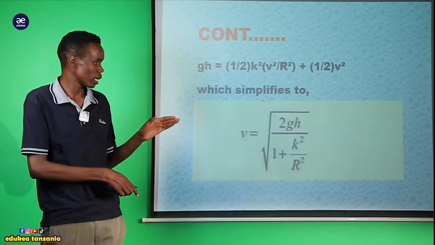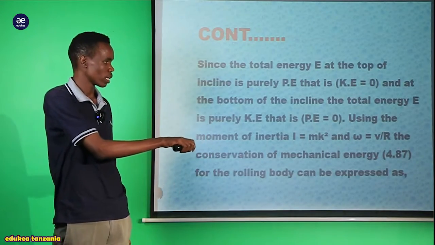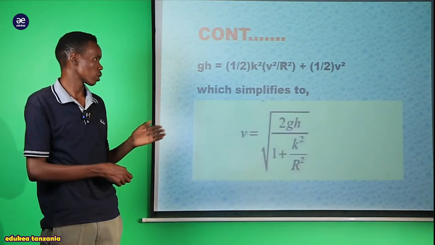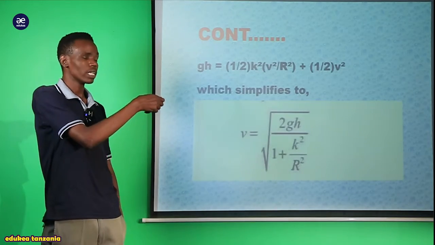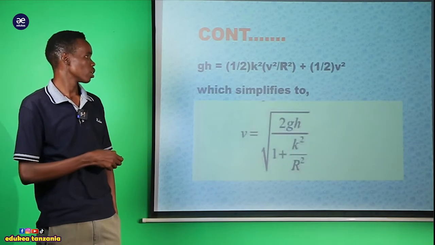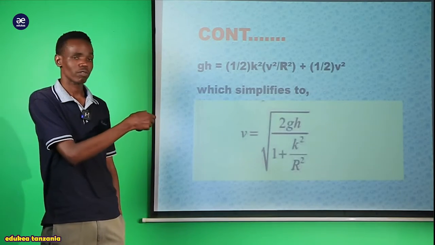Lakini angular velocity square tulimsema hapa, angular velocity ni sawa na v divided by r, while I is equal to mk square. Kwa tukisubstitute pale afu tukatoa ile mass, kwa sababu mass atapatikana ni common, tutakuja tutapata sasa kumbe yule velocity, kwa sababu ni common, tutamfact out.